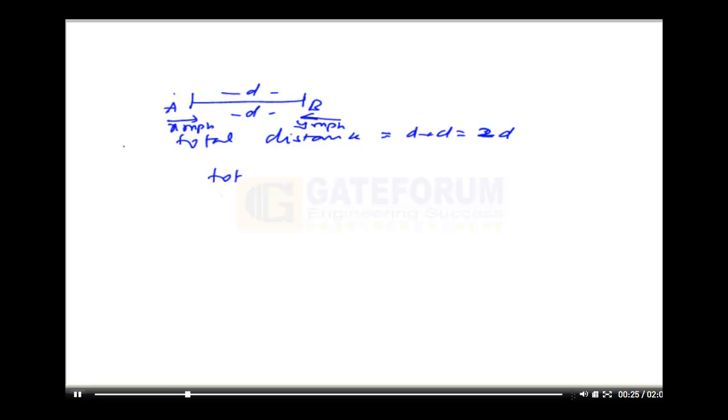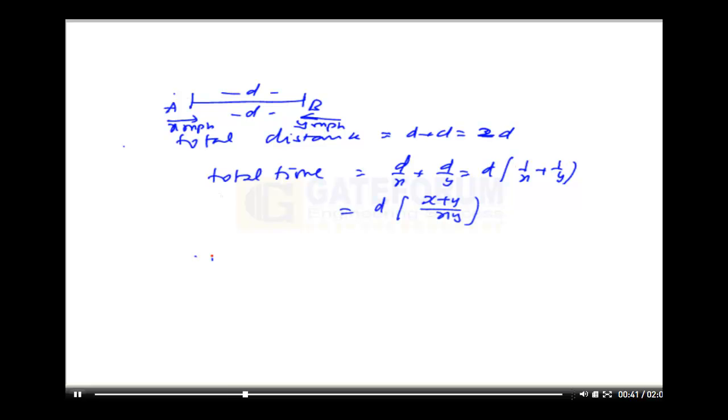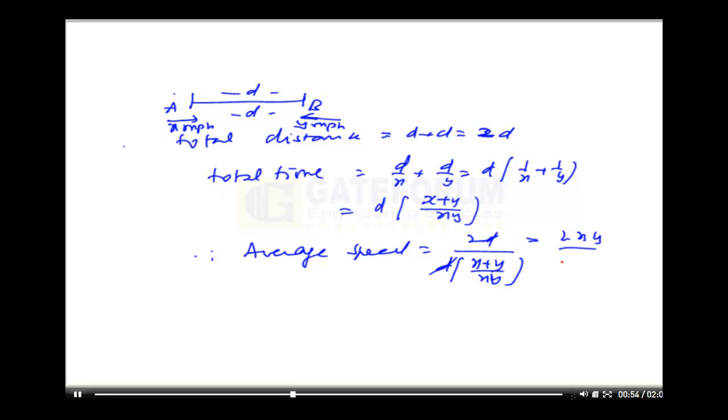So the total time taken would be d by x one way and d by y another way. If we simplify, what we get is d into x plus y by xy. So we can find the average speed: total distance of 2d divided by d times x plus y by xy, d cancels. So we have a rule saying average speed is 2xy by x plus y, only when the distance covered in either direction is the same.